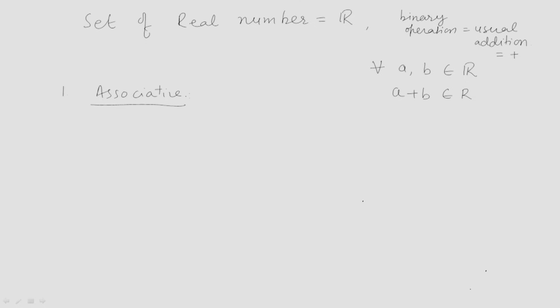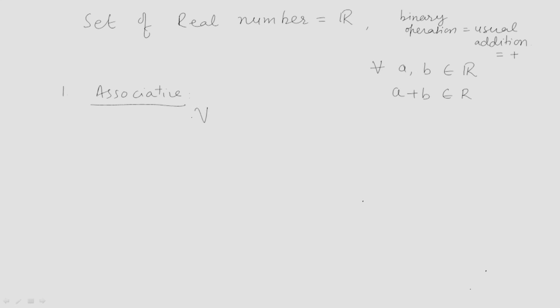So, the associative property is obviously satisfied because addition always satisfies associativity. You take for all A, B, C in R, (A plus B) plus C is equal to A plus (B plus C). You take the bracket on the first two elements or on the last two elements, the result is the same.